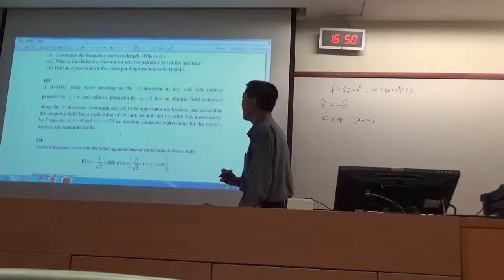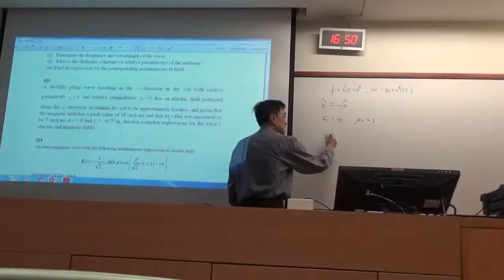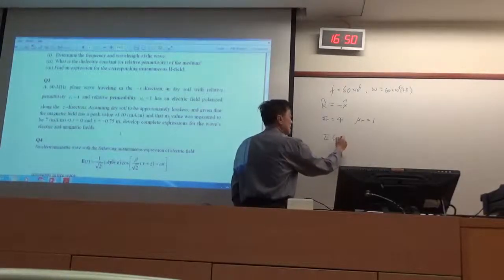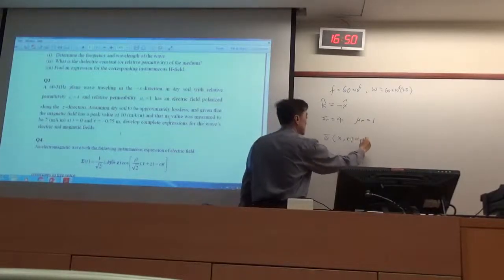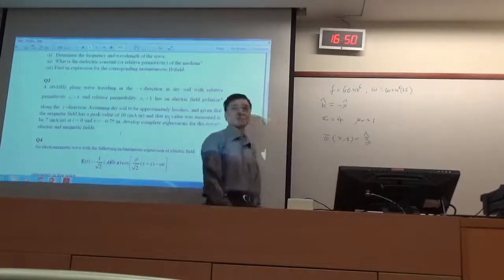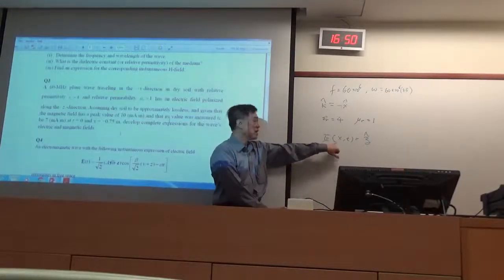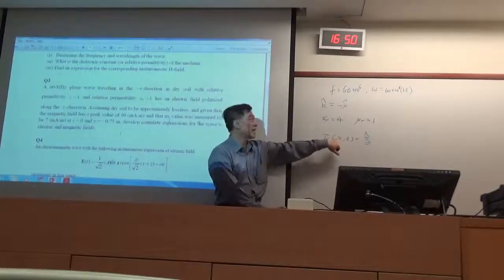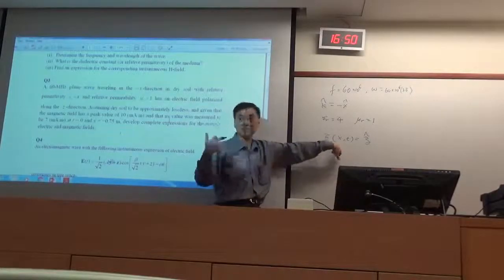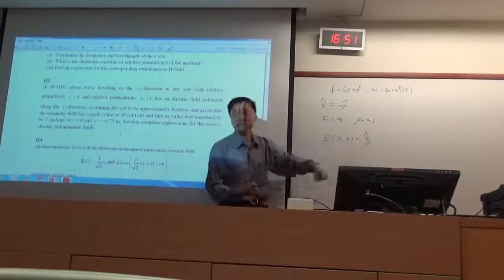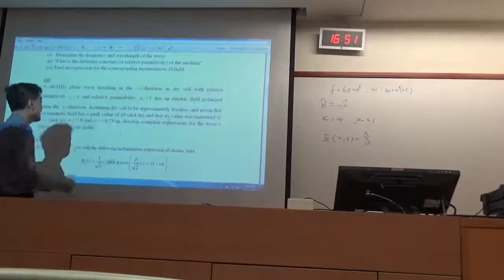The electric field is polarized in the z direction. So E of x, t, polarized in the z direction. I write x, t to signify that I'm propagating along x, plus x or minus x, and it has to do with time. So this is my time domain expression.